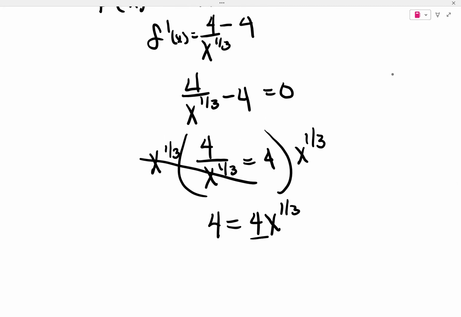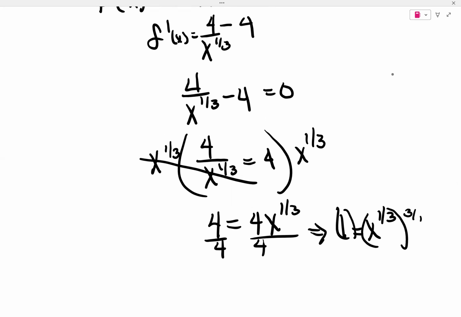If I divide by 4 on both sides, this now becomes 1 is equal to x to the 1/3. Now, if you do recall, I am going to get rid of that 1/3, so I'm going to raise all this to the 3/1. So x is equal to 1.